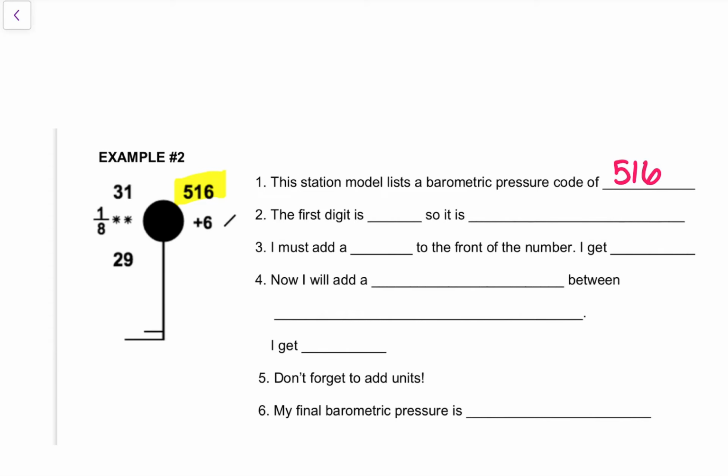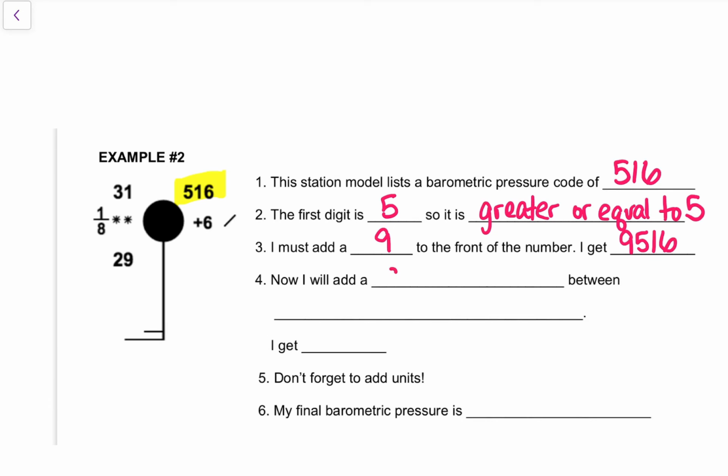The first digit here is 5, so it is greater than or equal to 5. So back to our rules. If the first number is greater than or equal to 5, I must add a 9 to the front of the number. I add a 9. I write down my number, 516.